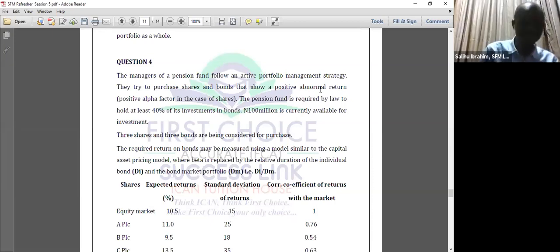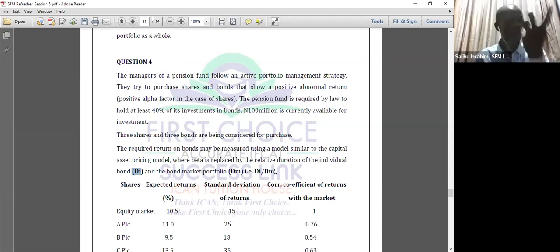So the question is telling us that for the purpose of bonds, we should measure the beta making reference to the bond duration and the duration of the bond market. That is given as DI over DM.